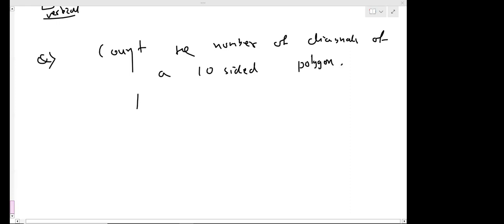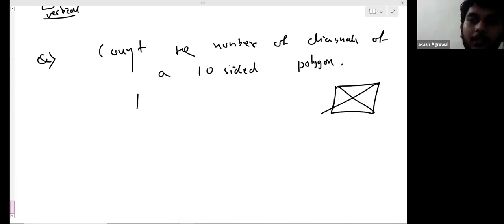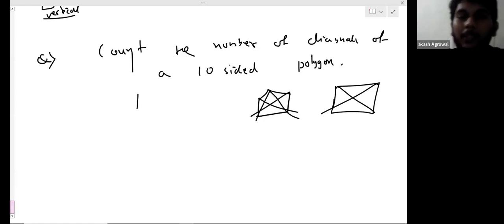Count the number of diagonals. Right? If we have 4 sides, then 2 diagonals. If we have 5 sides, then we have 5 diagonals. You must have studied a formula for this in childhood, probably in class 8. So this is the derivation of that formula.